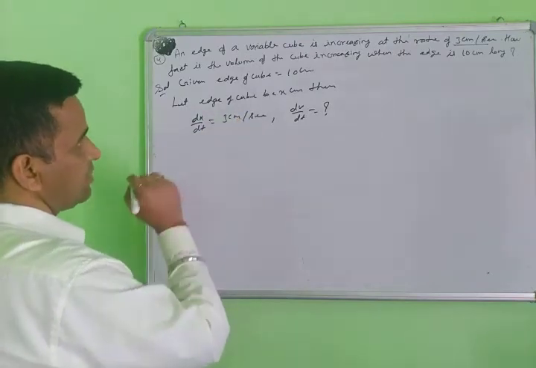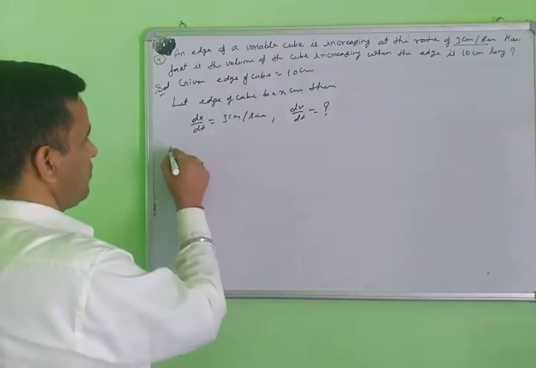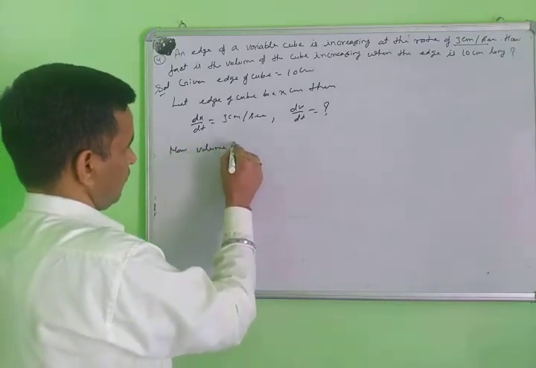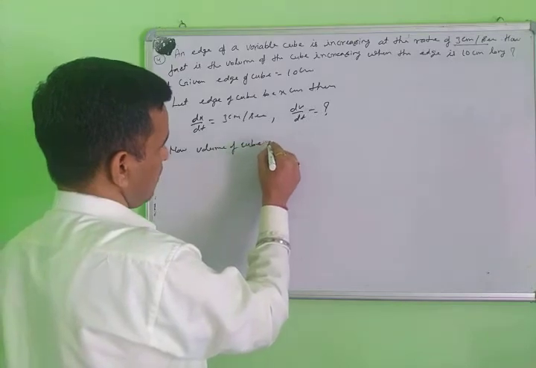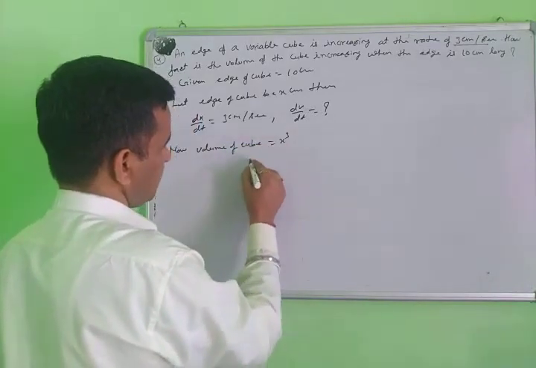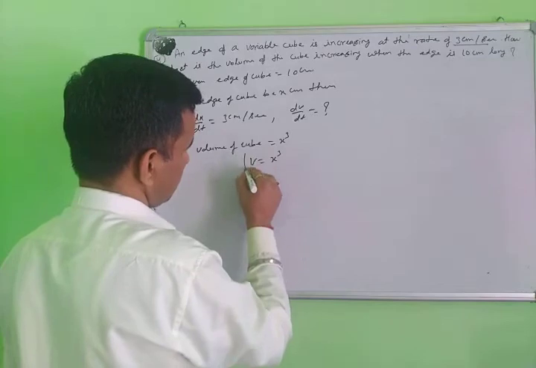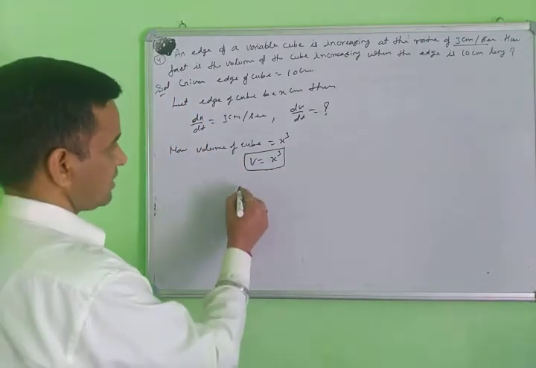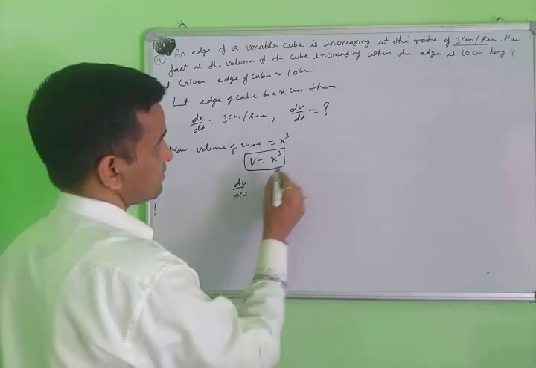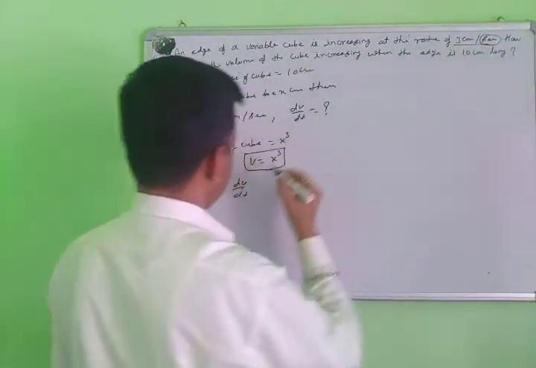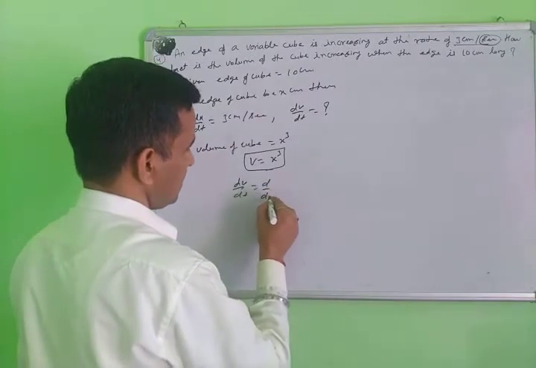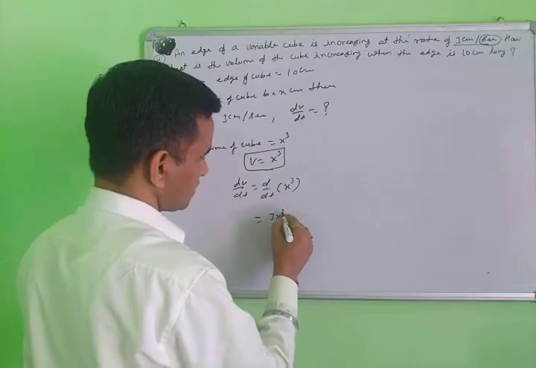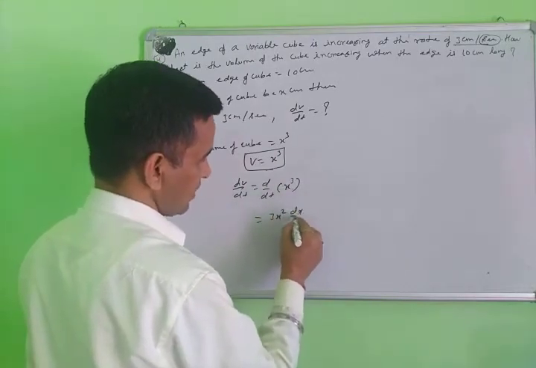Now what is the identity of the volume of the cube? V equal to x cube. Now differentiate dV over dt with respect to t, time. dV over dt equal to d over dt of x cube, which is 3x square, again differentiated, dx over dt.